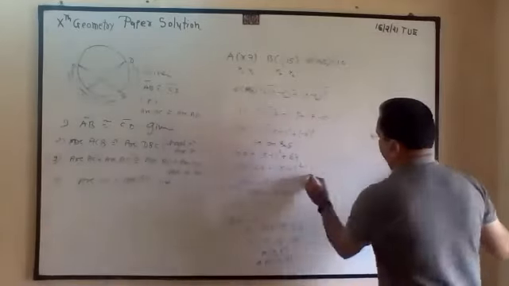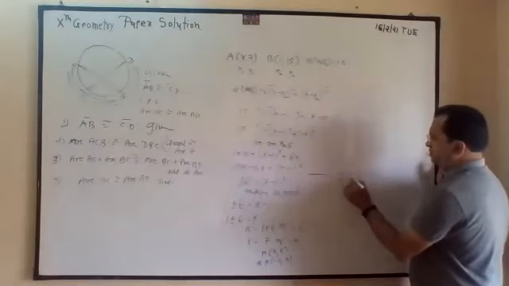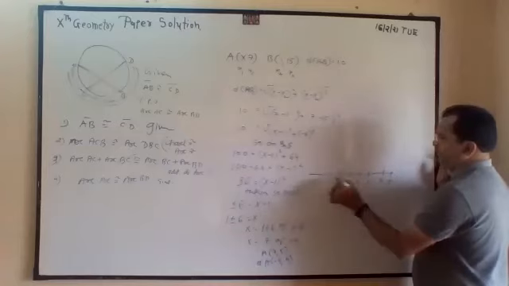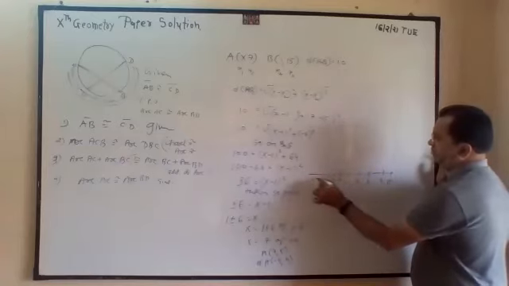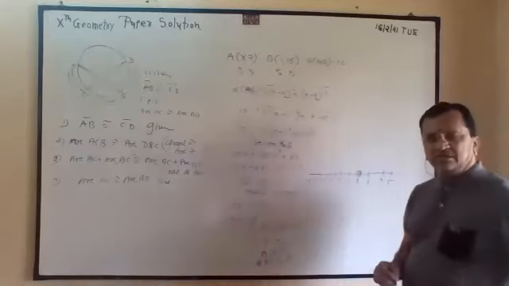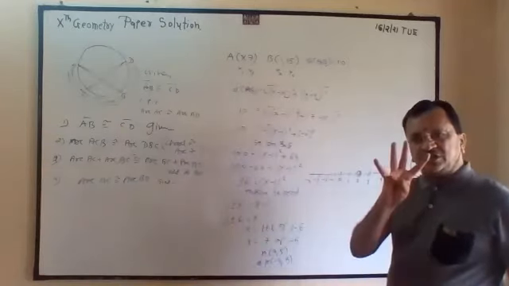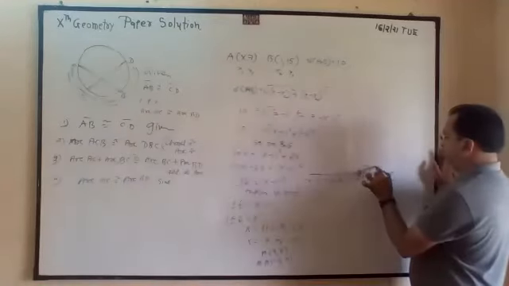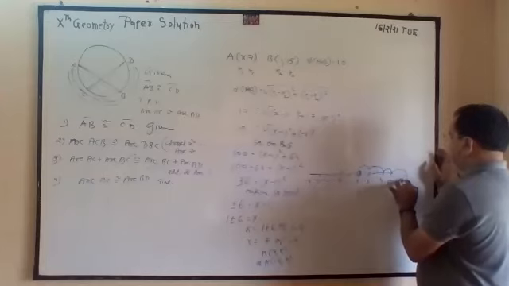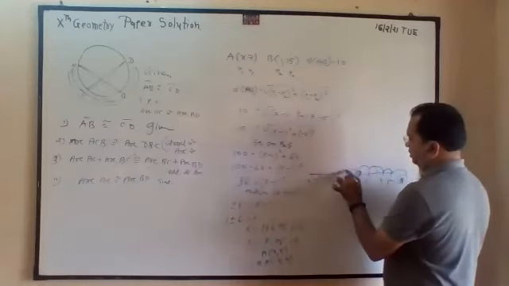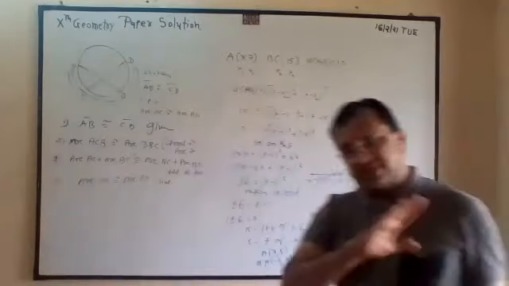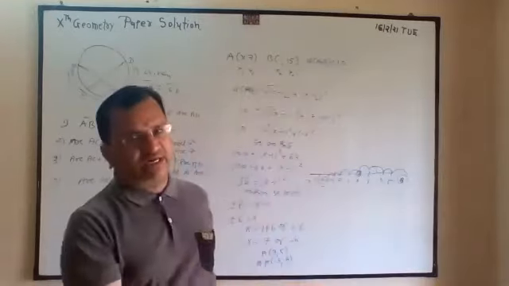For example, on x-axis 0, 1, 2, 3, 4, 5, minus 1, minus 2, minus 3, minus 4. From here, at a distance of 4, it can be this 6 or this. So the distance is same, but the coordinate can be different. That is why you are getting two answers.